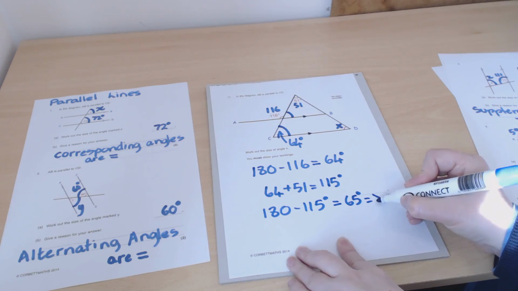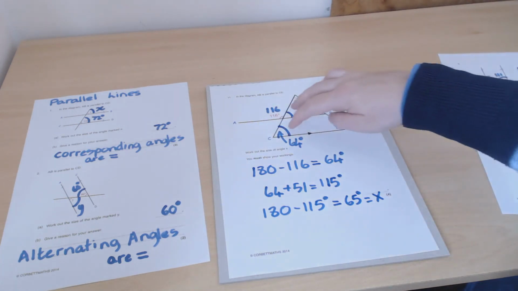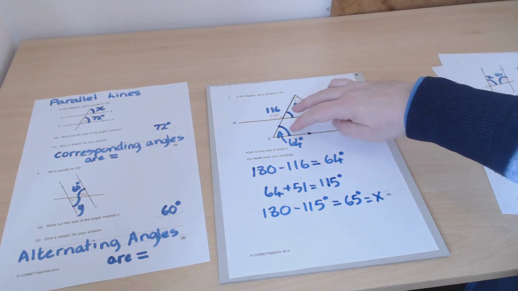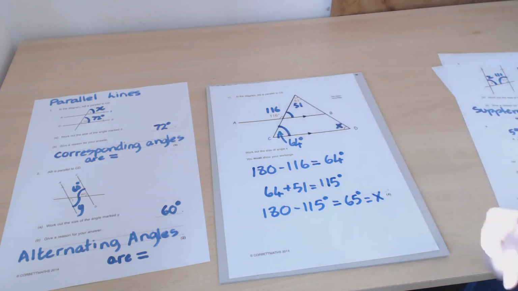So X is 65 degrees. They haven't actually asked us to give reasons here, but they have said that we need to show all our workings out. So actually you'd probably need to explain up here how you worked out that these were both 64. So that's how we work with the parallel line rules.